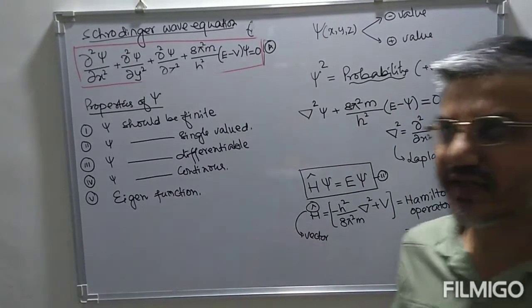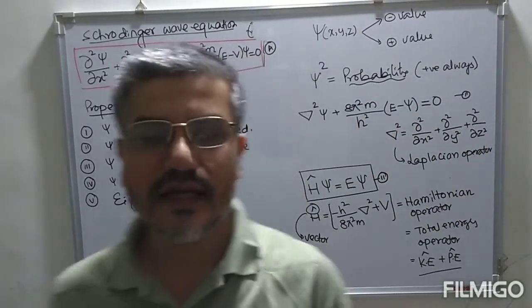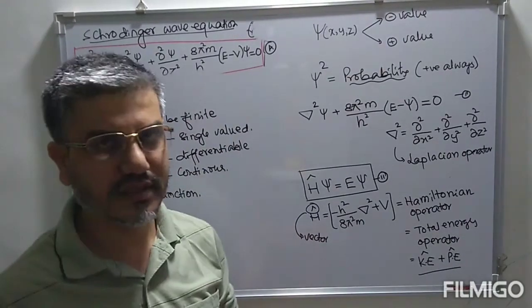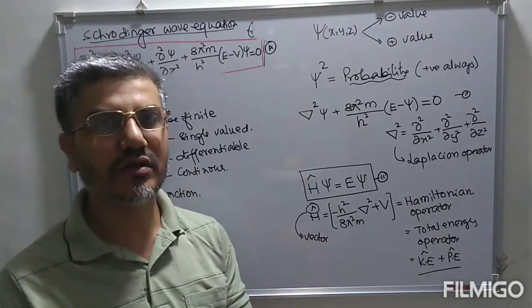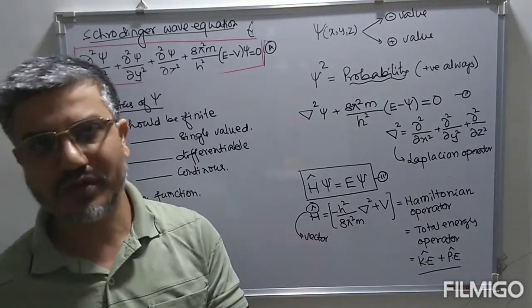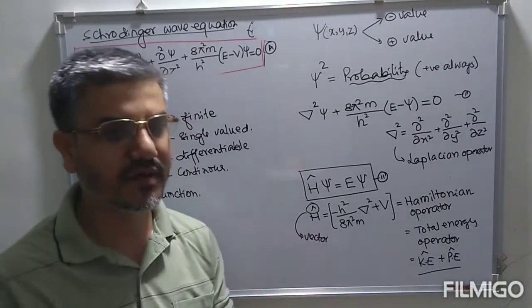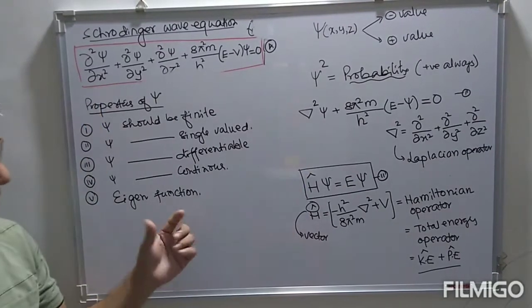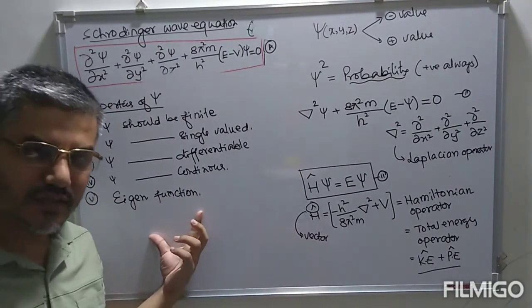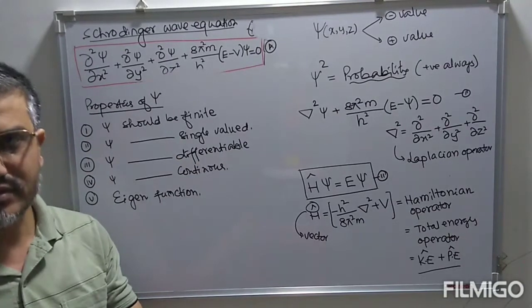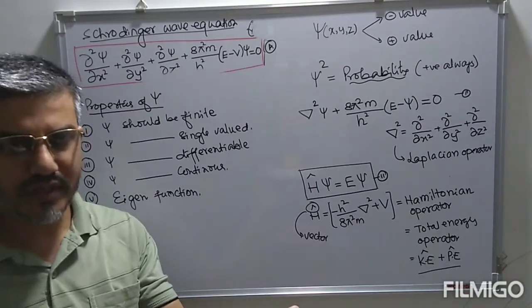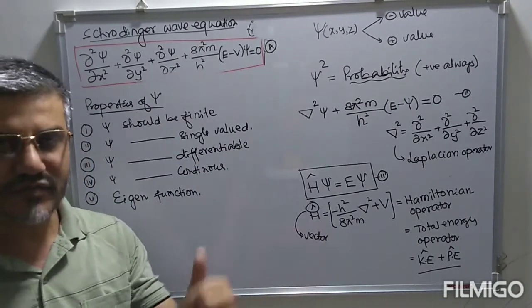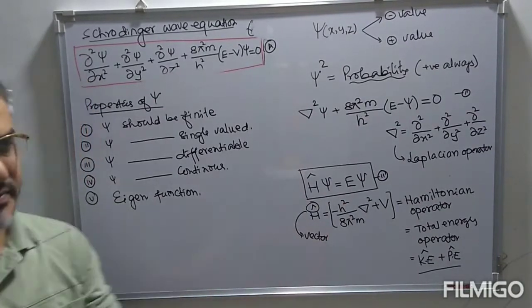Let me explain this eigenfunction. An eigenfunction is a function which, on being operated by an operator, gives back the same function. So I repeat the definition: an eigenfunction is a function which, on being operated by an operator, gives back the same function.